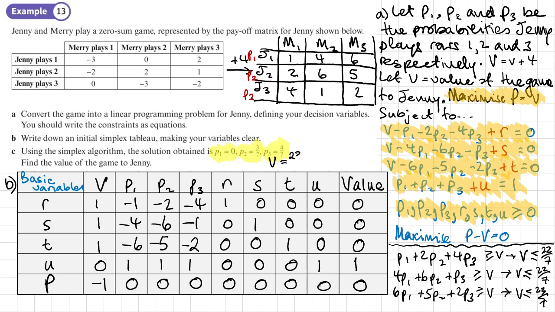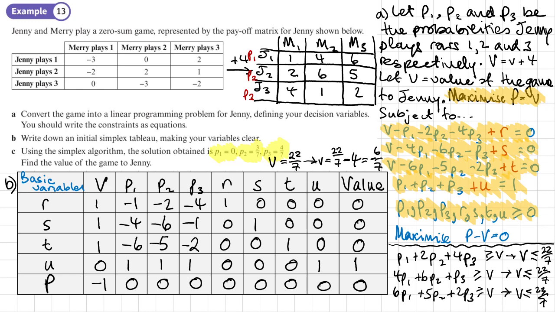Now this is the value of the transformed game to Jenny. We want to find the value of the original game, so we need to subtract 4 from this value. Remember we said up here, basically this value here is 22/7 and the value of the original game plus 4 is 22/7, so the value of the original game V is going to be 22/7 minus 4, and that gives us a value of -6/7.